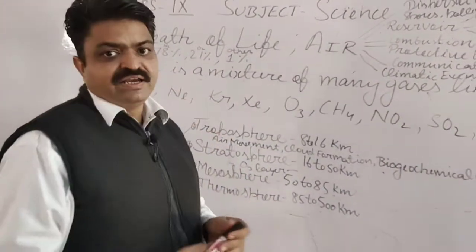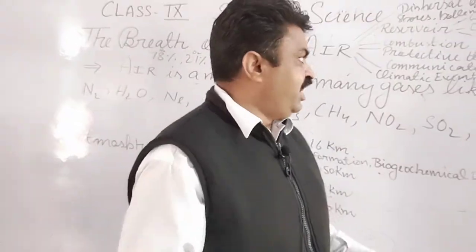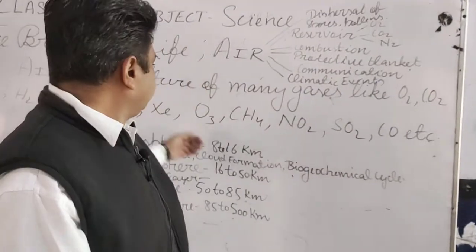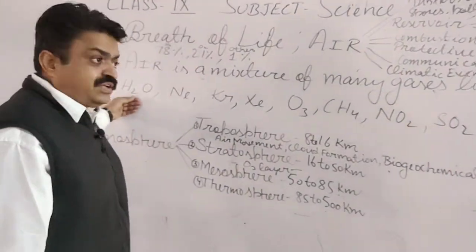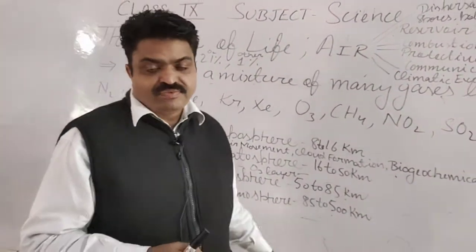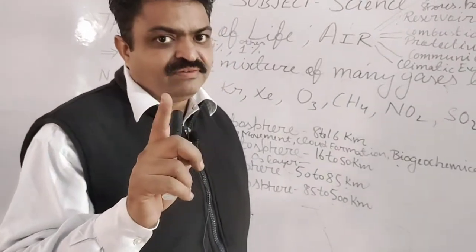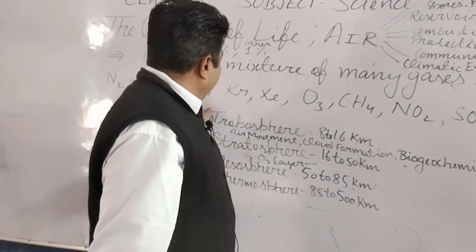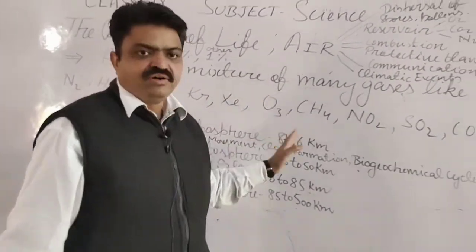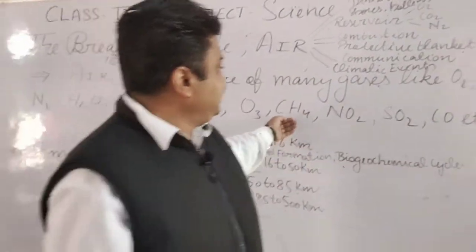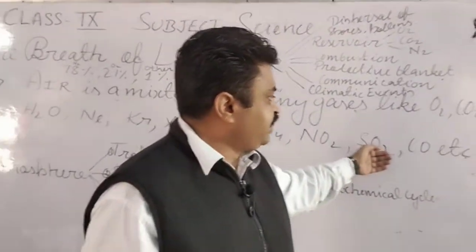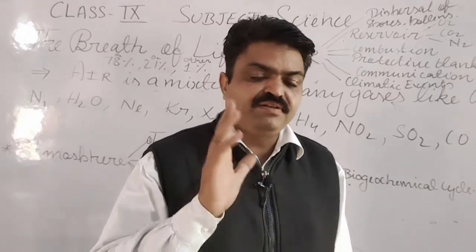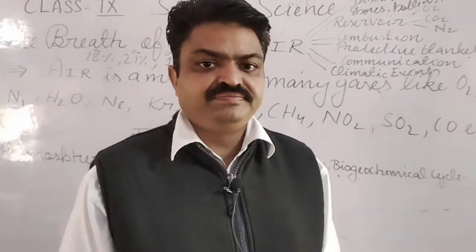Among the other gases are carbon dioxide, and water is also found in the air in the form of gas, student, as water vapor or steam. Neon, krypton, xenon, ozone, methane, nitrous oxide, sulfur dioxide and carbon monoxide. These are the other gases that are found in the air.